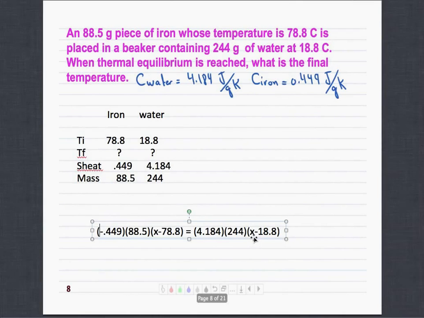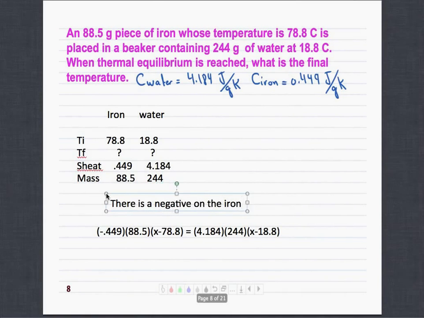T initial of water is 18.8 Celsius, equals minus the mass of the iron, which is 88.5 grams. Specific heat capacity of iron is 0.449 joule per gram Kelvin. T final is what I'm looking for, and T initial of the iron is 78.8 Celsius.